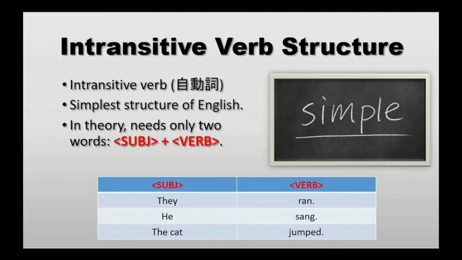Look at the examples here. Subject is they, verb, ran. Okay, so the sentence is, they ran. Next one, he sang. Next one, the cat jumped. These are all, grammatically, good sentences.